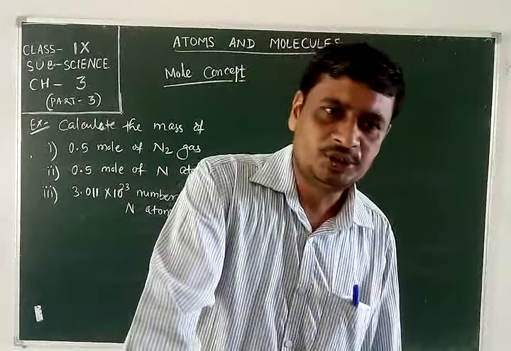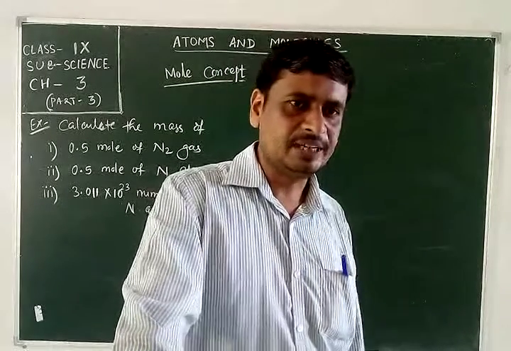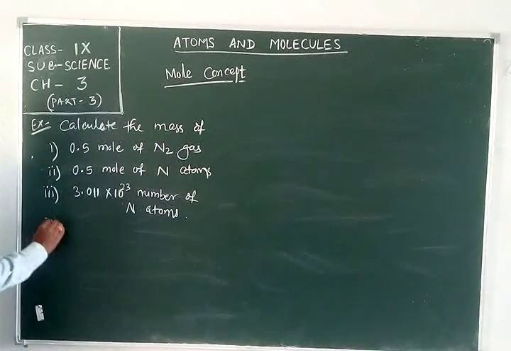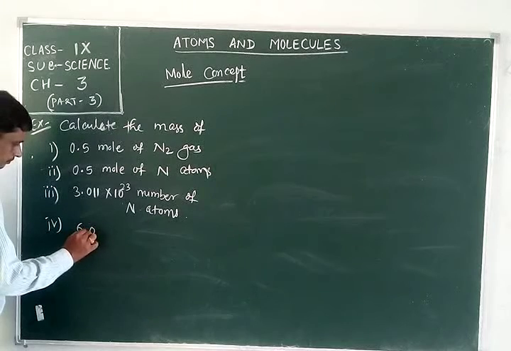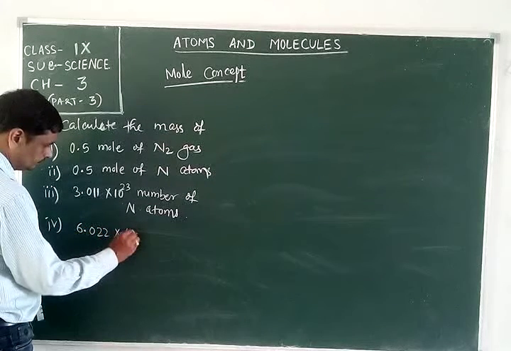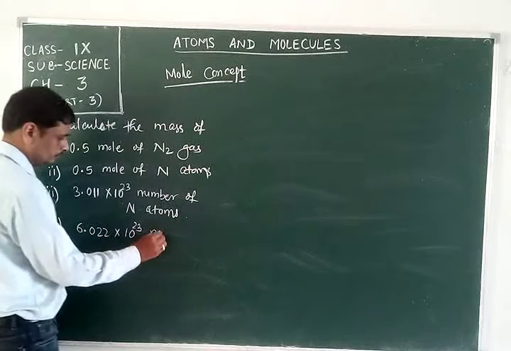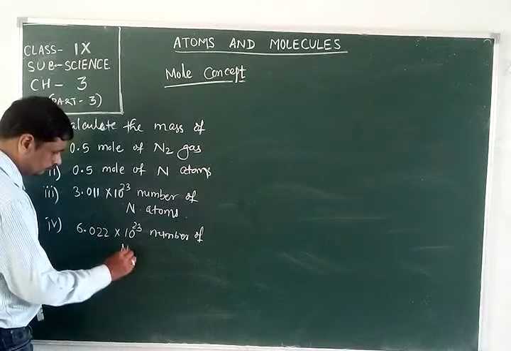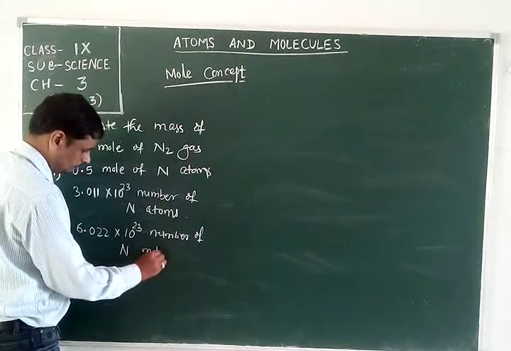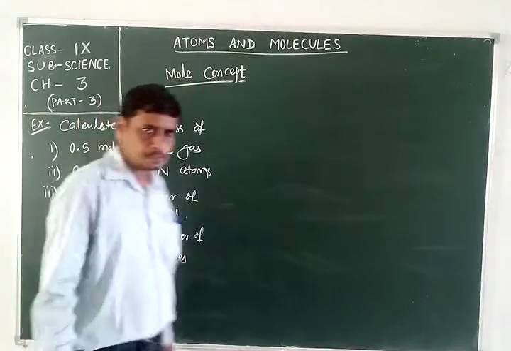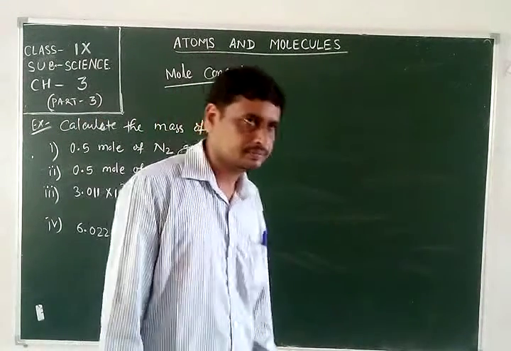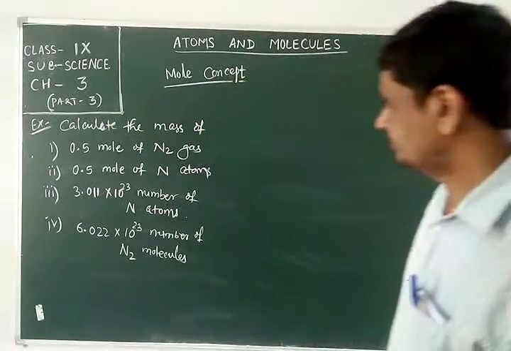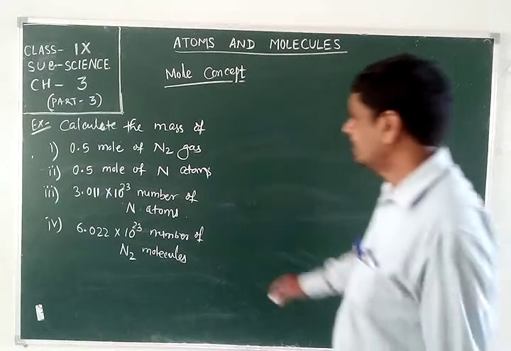And fourth, 6.022 into 10 to the power 23 number of nitrogen molecules. Find the mass of all these things.